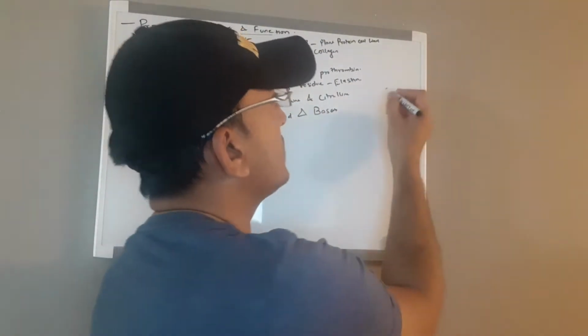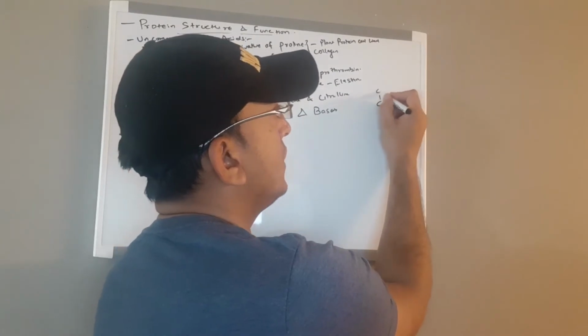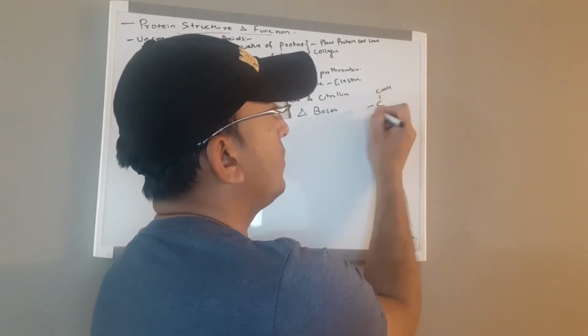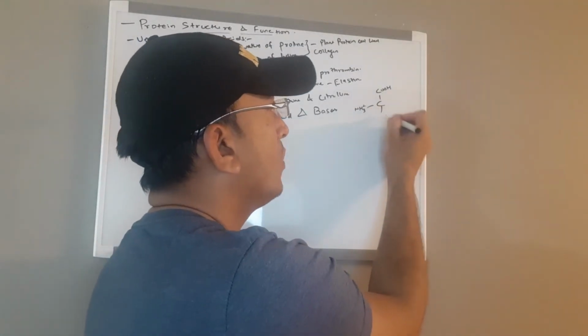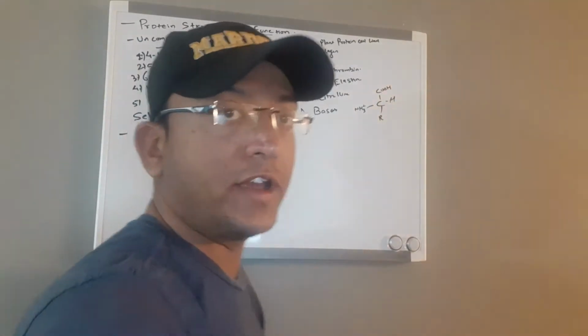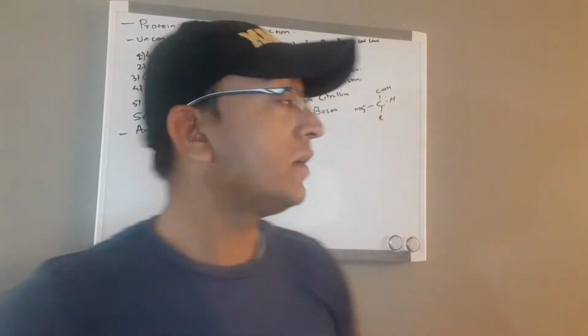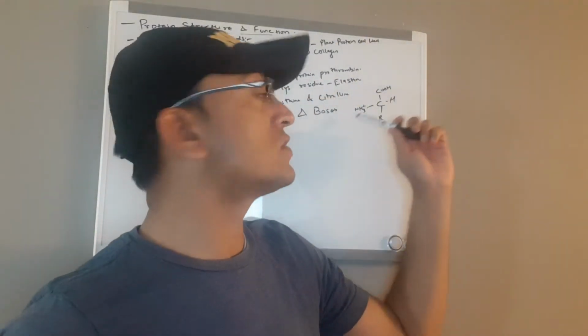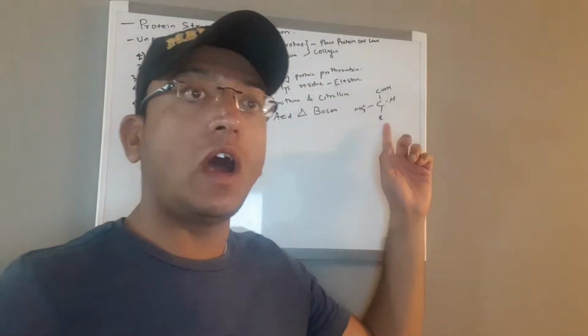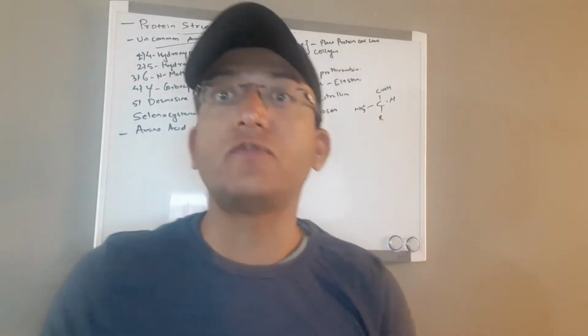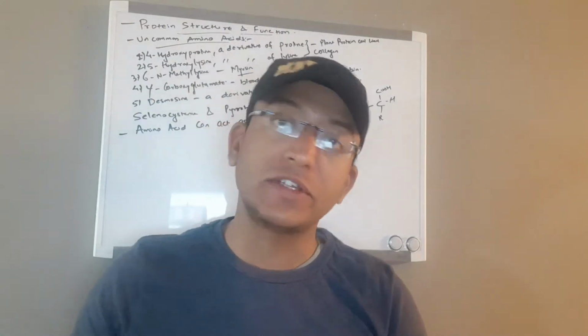If you remember, it has a carboxylic group, it has an amino group, right? It has R and the hydrogen atom, right? So because of the carboxylic and the amino group, along with the ionizable R group of some of the amino acids, they function as a weak acid and weak base, right?